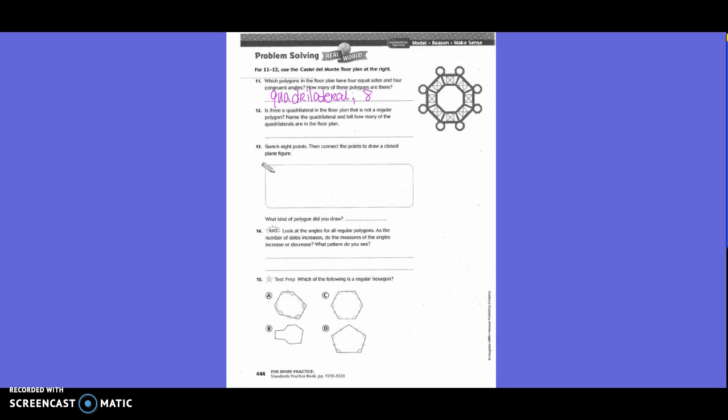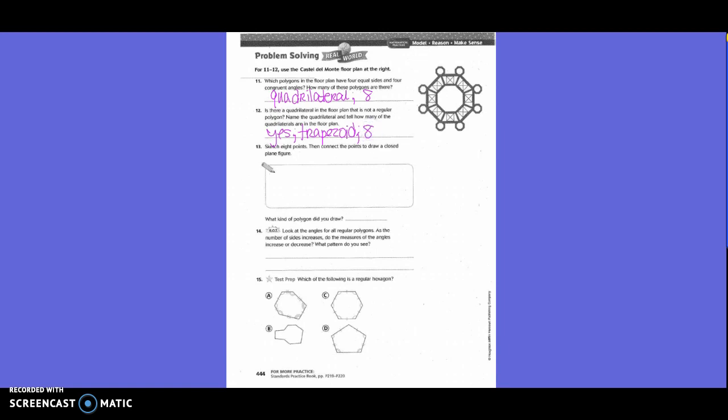A trapezoid. And how many trapezoids are there? 9. How many squares did you have, guys? 8. And there's a square in each trapezoid, so then there would be 8 trapezoids.